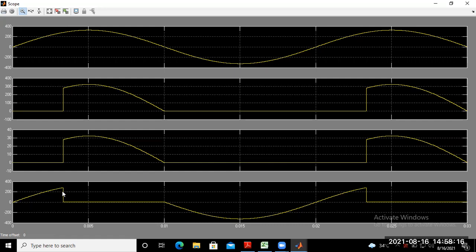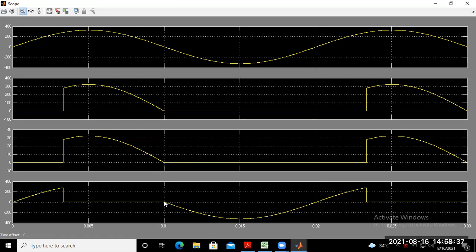Okay, at this instant, when the thyristor starts to conduct due to the gate pulse provided at this instant, you will get the voltage across the thyristor as 0 up to this point, up to which point the thyristor conducts.